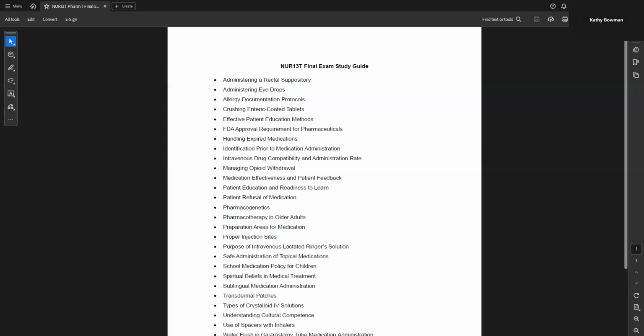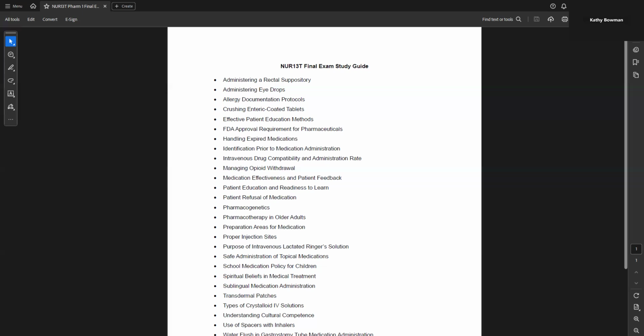Monitoring for renal function, liver function, polypharmacy risks. All right, I think I've already nailed that. Preparation areas for meds.